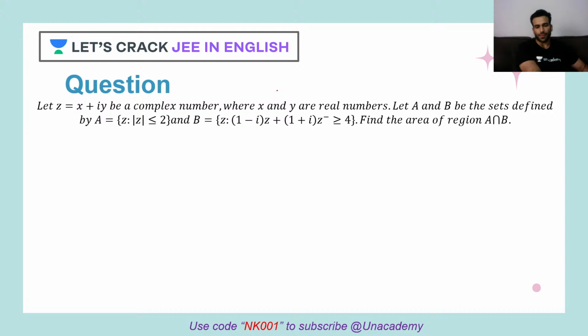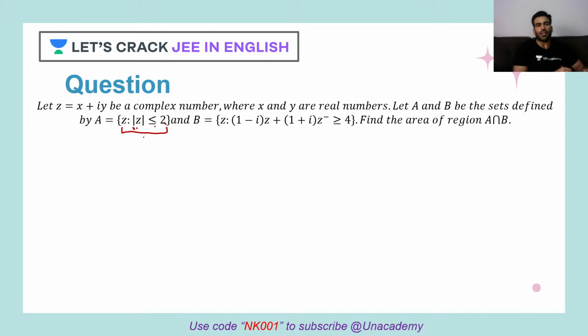Now this is a new question which uses a bit of geometry. The question says there is a general number, a random number z, that is x plus iota y. It's a complex number where x and y are real numbers. Let A and B be the sets defined as follows. A is a set where mod of z is lesser or equal to 2.